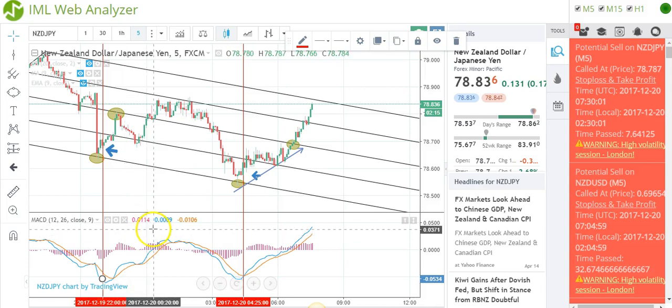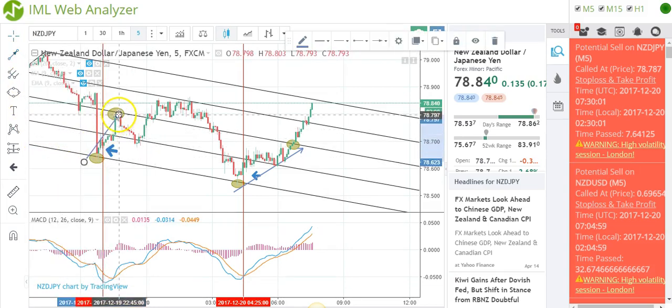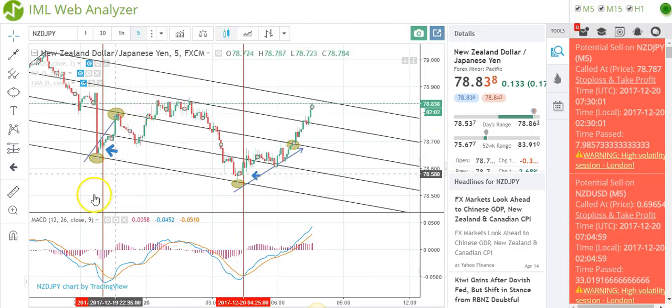So now, right, you could have caught this trade earlier today going up. And I believe the analyzer called this trade as well at 23.50 on this pullback.